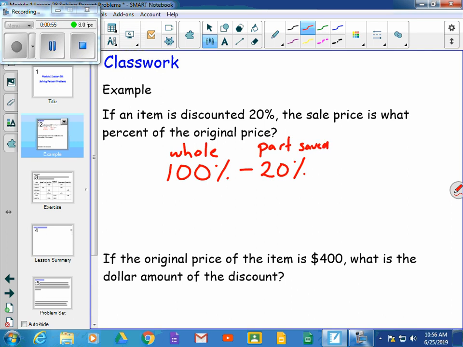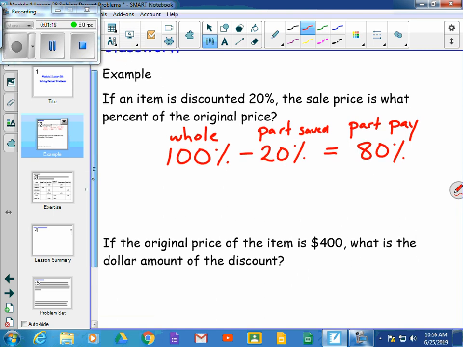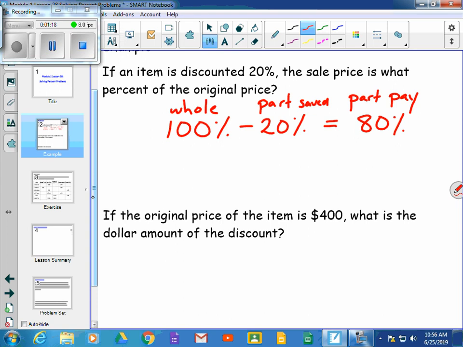The percent that you're saving is 20%. If you subtract those two, you get 80%. And that 80% represents the percent that you're going to pay. That would match with the part that you're going to pay. You would save 20%, but pay 80%. And that's good for you as the consumer because you're not paying as much as the whole price of 100%.